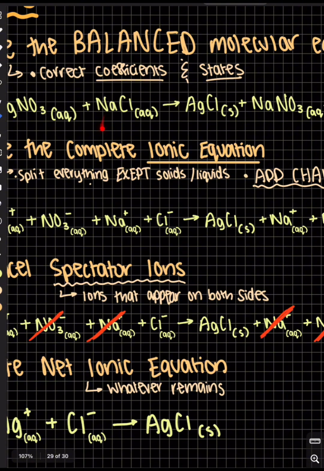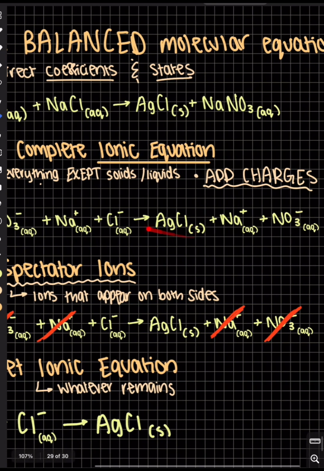And then I did the same thing for my NaCl, which was aqueous. I split it up into Na, which has a charge of +1, aqueous again, plus the Cl, and it creates, and notice here I did not split up my AgCl. The reason I didn't split it up is because it's in a solid state. Again, you do not split up the solid states, and that's usually one of the big mistakes that a lot of students make, is that they split up the solids, and then it messes up the whole net ionic equation.